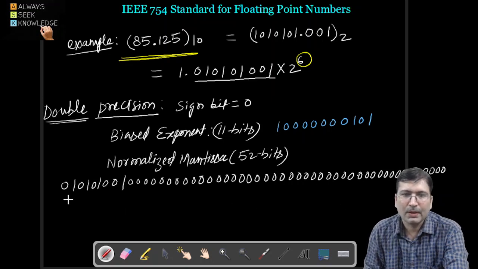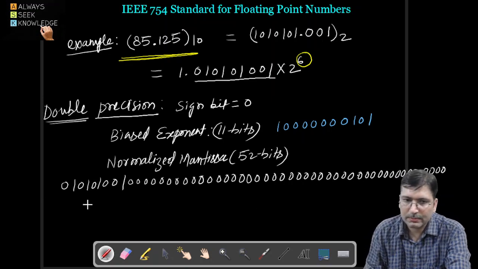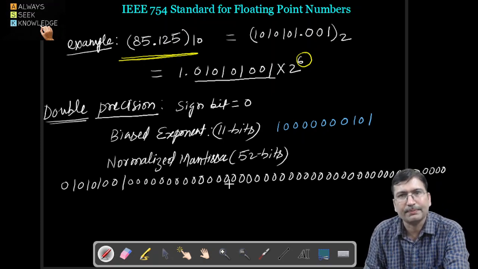This bit pattern of 52 bits will represent the normalized mantissa.